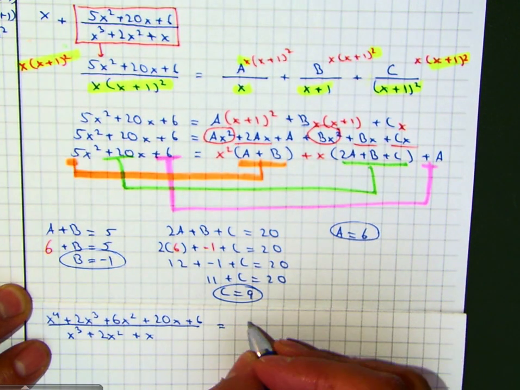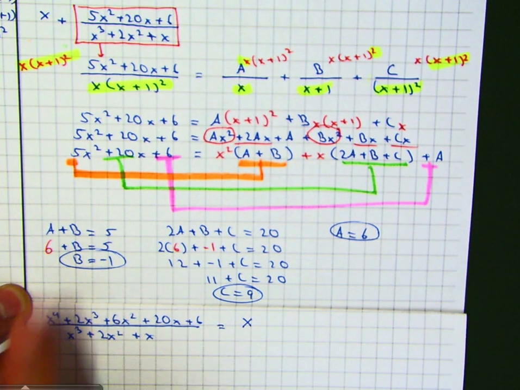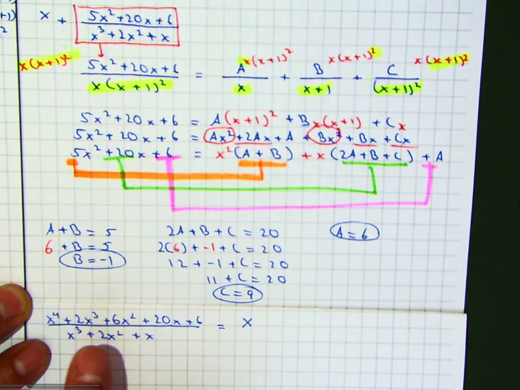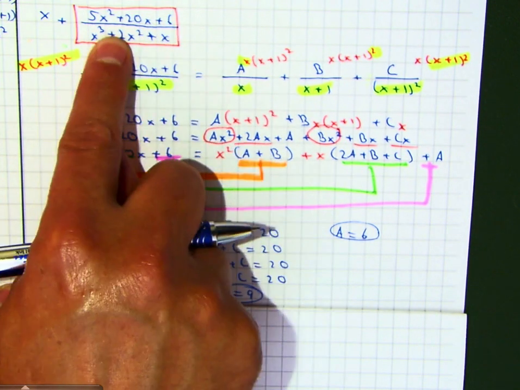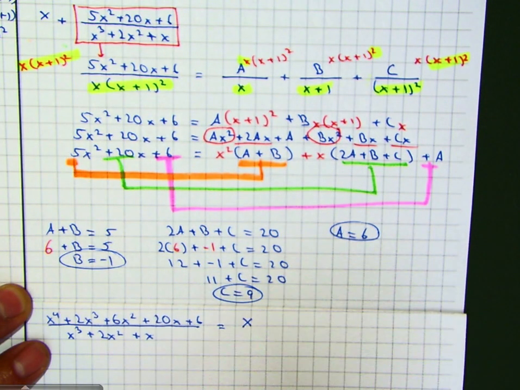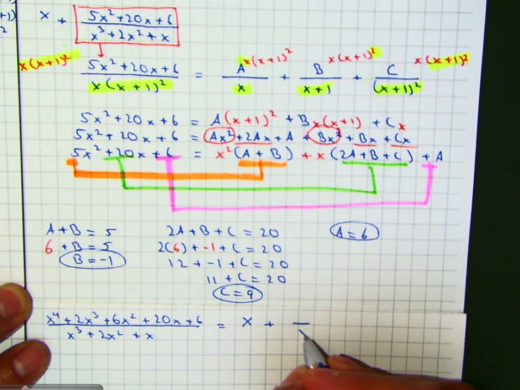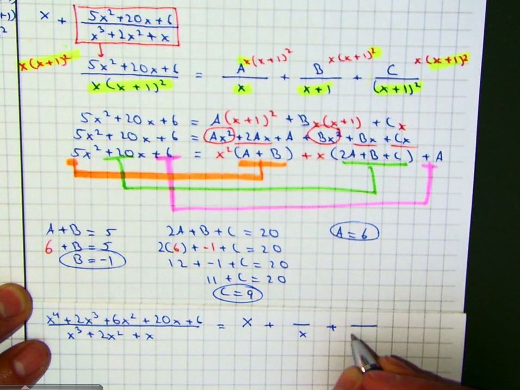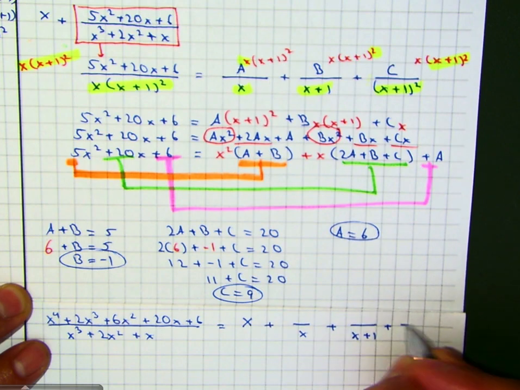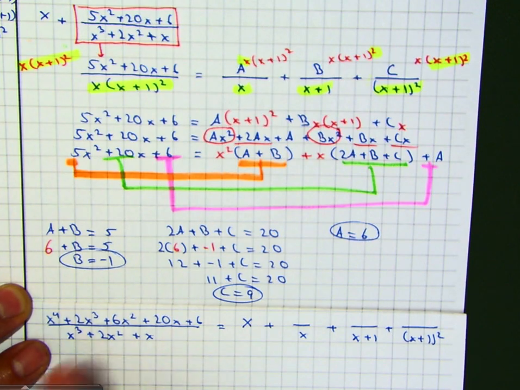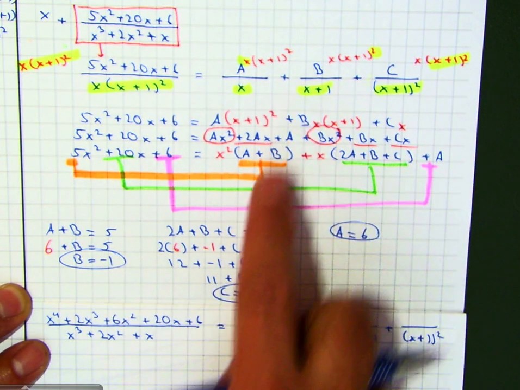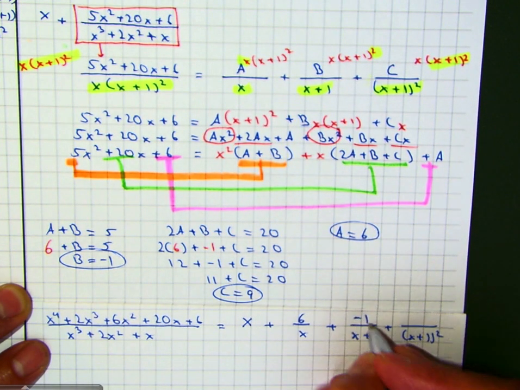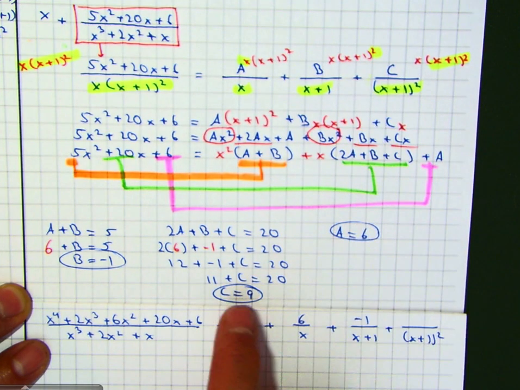So let me not forget my x there. Since I only decompose this part, I still have my x as part of it. So now plus x plus 1 plus x plus 1 squared. So therefore, my a value is 6, my b value is negative 1, and my c value is 9.